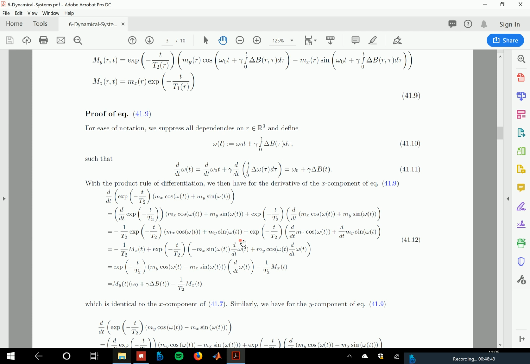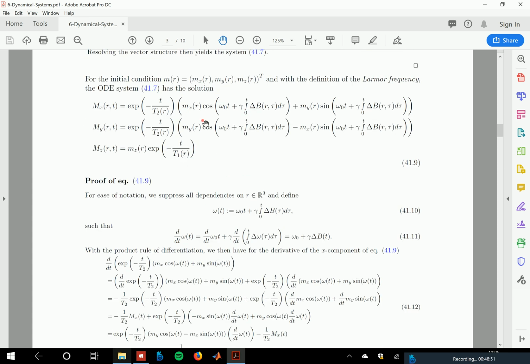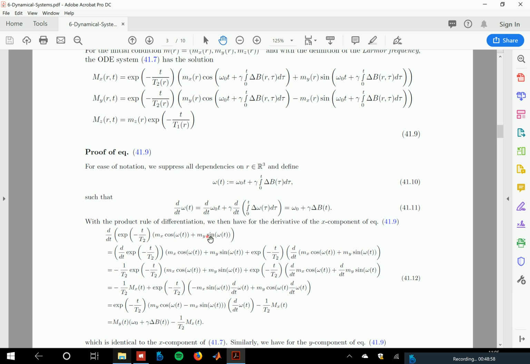This thing is where we started out. This is our solution, our mx. It just looks a little bit different because we have the integrals here. We started out computing the derivative of x minus t mx cos omega t.